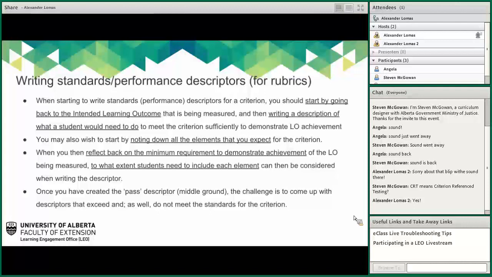Of the ways to synthesize this particular component or information. If a learning outcome is that you want them to know how to reference materials properly, then you would have a descriptor that would say, sometimes used APA, moderately used APA, used APA all the time and did it well.